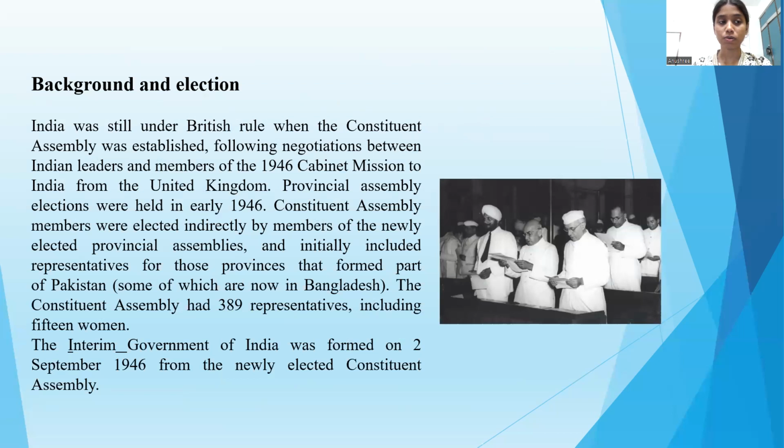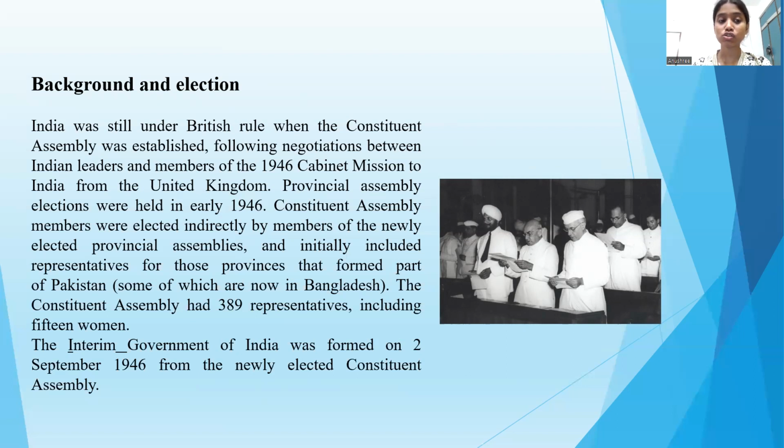Background and election. India was still under British rule when the Constituent Assembly was established following negotiations between the Indian leaders and members of the 1946 Cabinet Mission to India from the United Kingdom.